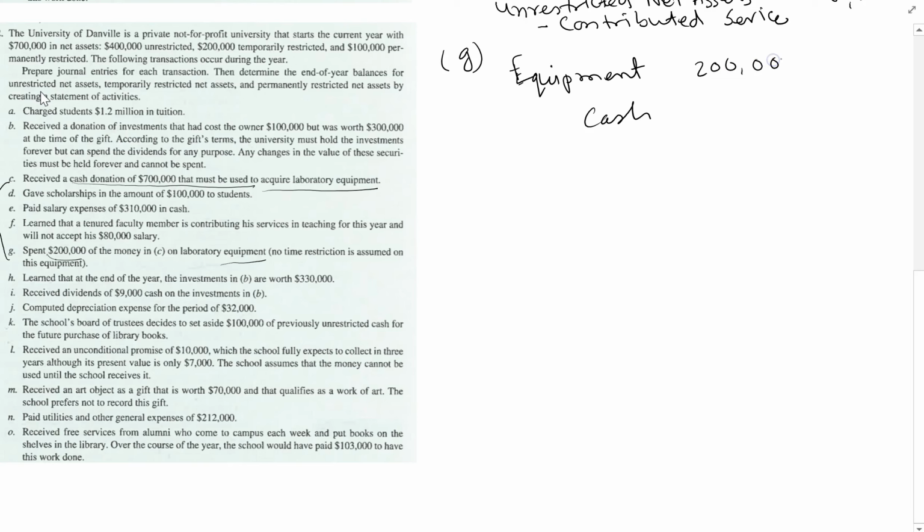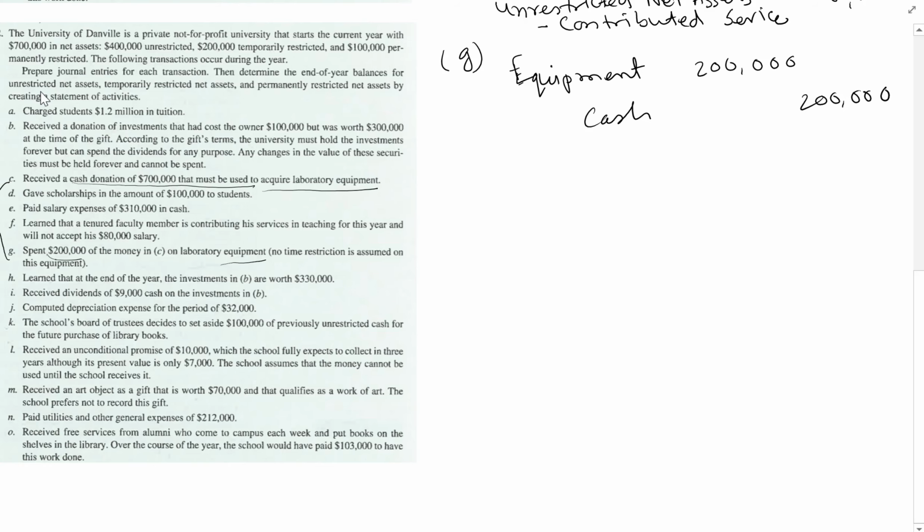So we're gonna debit 200,000, we will credit 200,000, but at the same time we will show the reclassification entry. There is no specific order. You can do the reclassification entry first and then do the equipment purchase. So for the reclassification, it is actually reducing their temporarily restricted net assets, and it is increasing their unrestricted portion of the net assets.